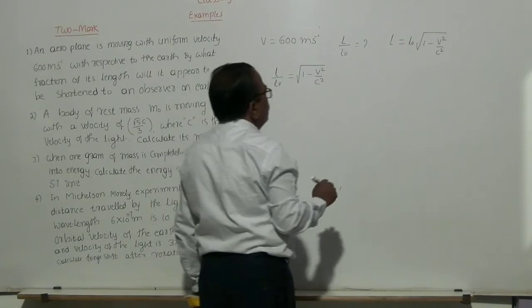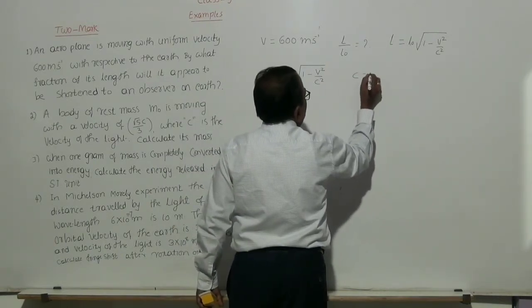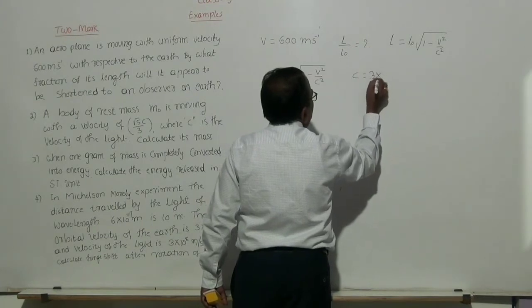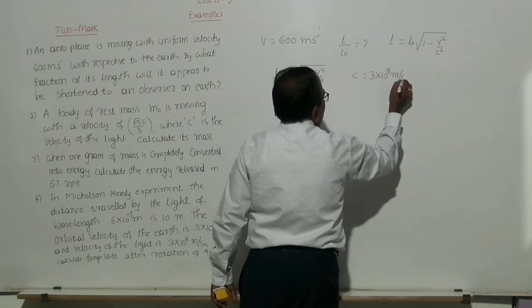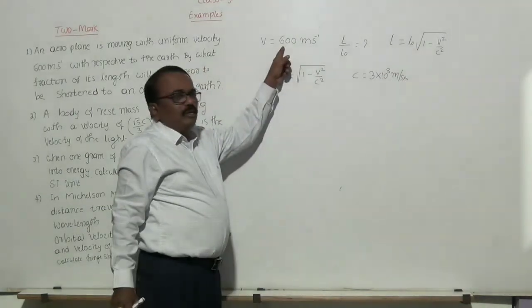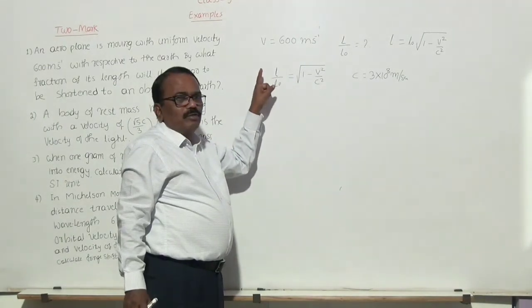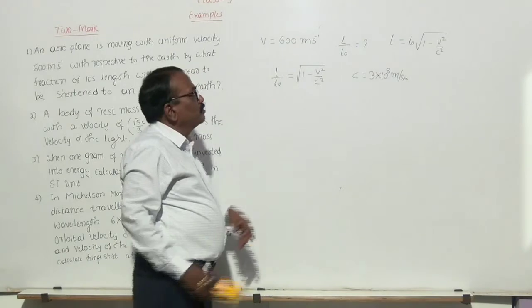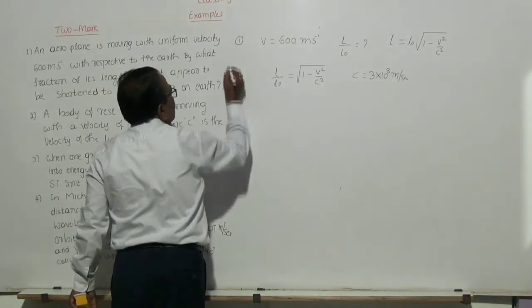What is c here? You know that your c is velocity of the light, which is 3 into 10 raised to 8 meter per second. You know v is 600, you know c, you can calculate what is L upon L naught. Now this is your first example.